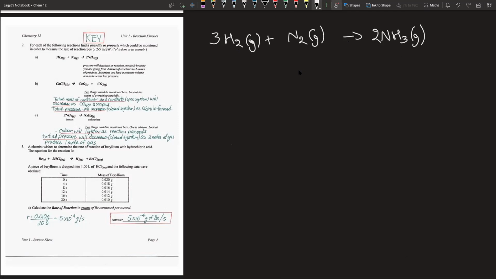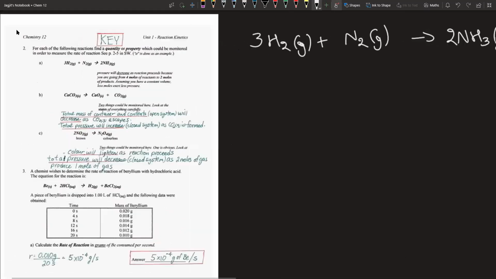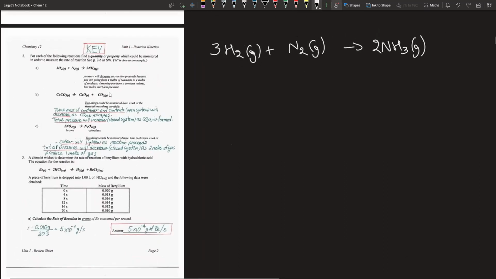The question says: for each of the following reactions, find a quantity or a property which could be monitored in order to measure the reaction rate. So, which quantity or property can you use to measure the reaction rate for these?